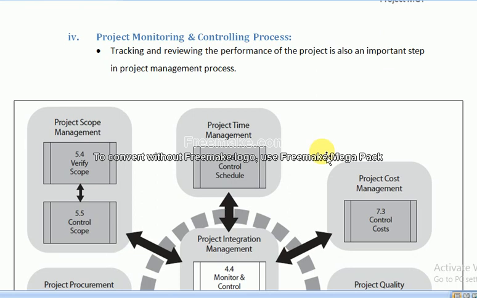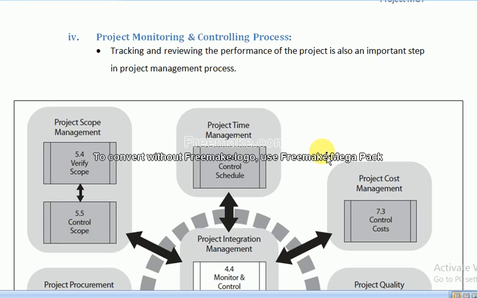So project monitoring and controlling process group activities help to keep the project on a proper track, if they track what was planned in the planning stage. Project monitoring and controlling is also called PM&C.